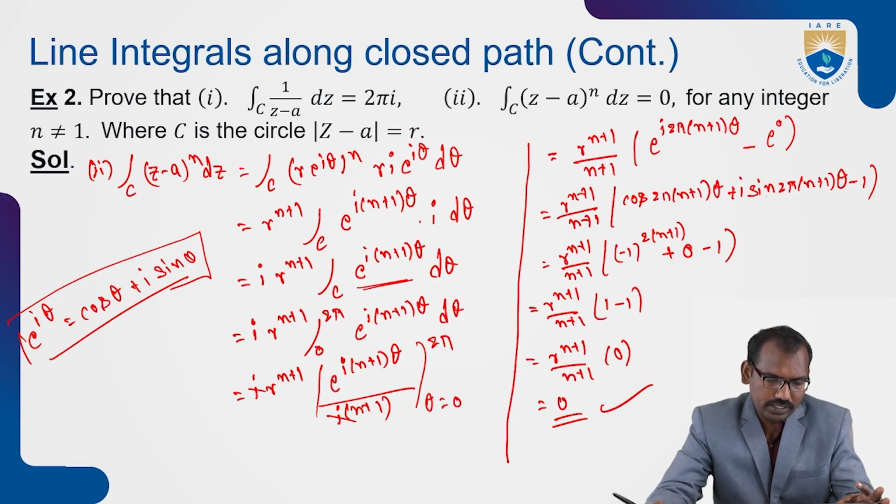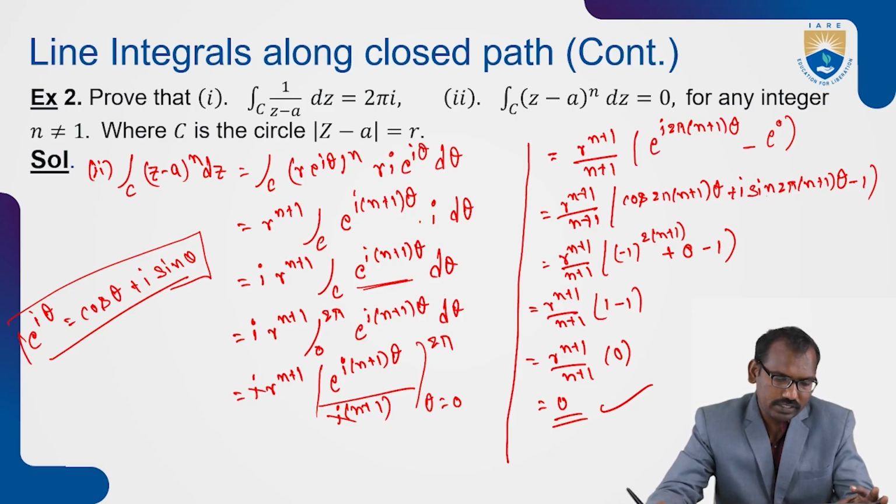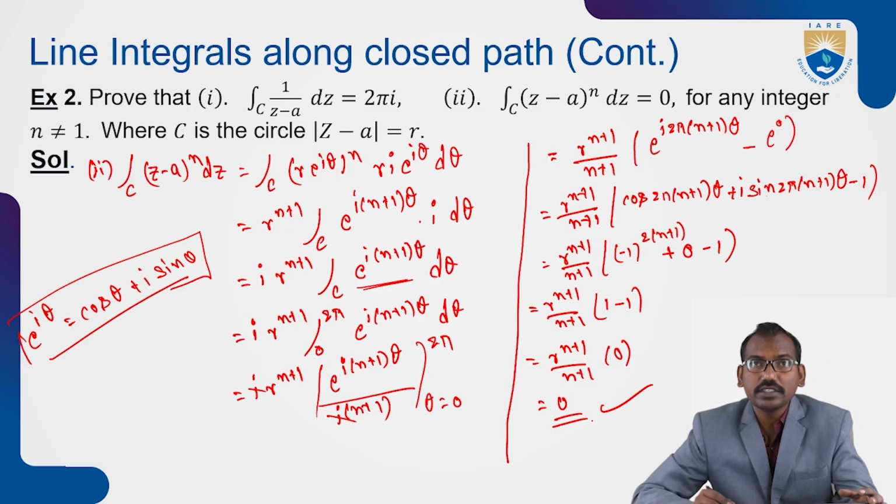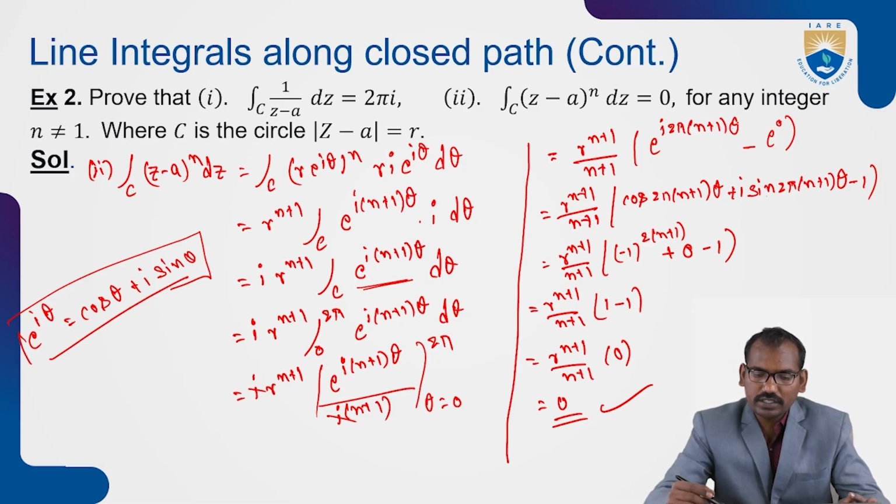Now you can see the second integral, we take the integration along C. Here the integrand is (z minus a) whole power n, and we took parametric forms. So we calculated this, and finally we showed that it is 0. Here, by Euler's theorem, we are writing the exponential e power i times 2 pi (n plus 1) theta in terms of cos plus i sin form.